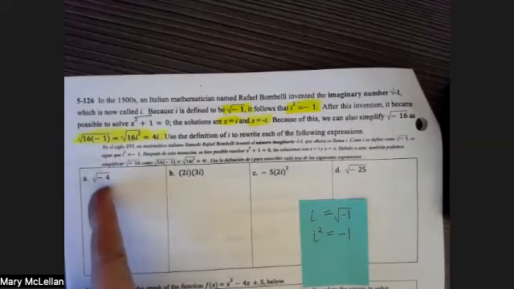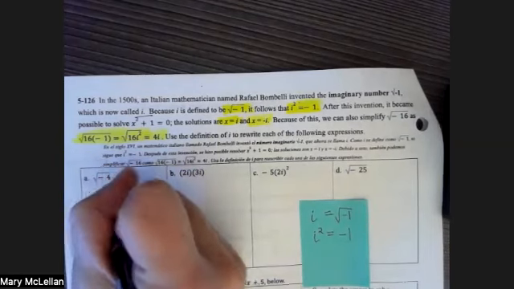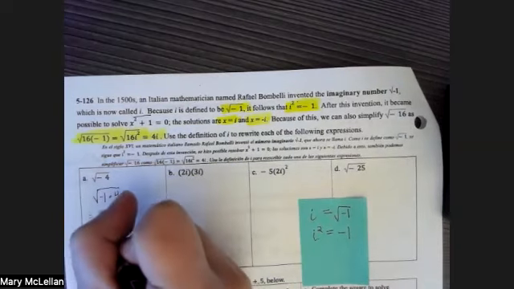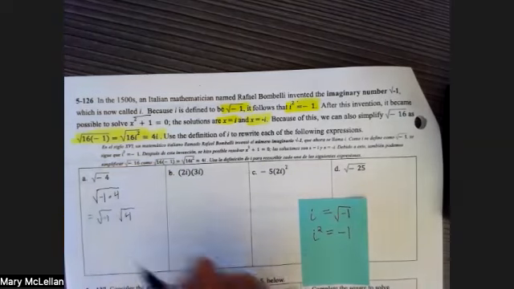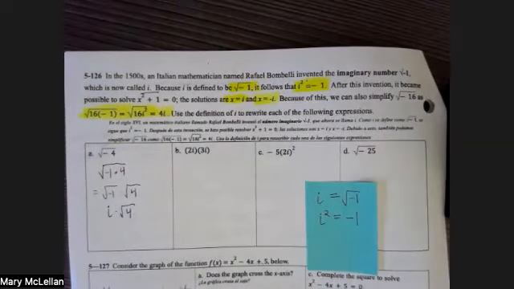Okay, this is the square root of -4. I can rewrite this as the square root of -1 times 4, which is the square root of -1 times the square root of 4. And that's, would you believe it, i times the square root of 4. Wow.